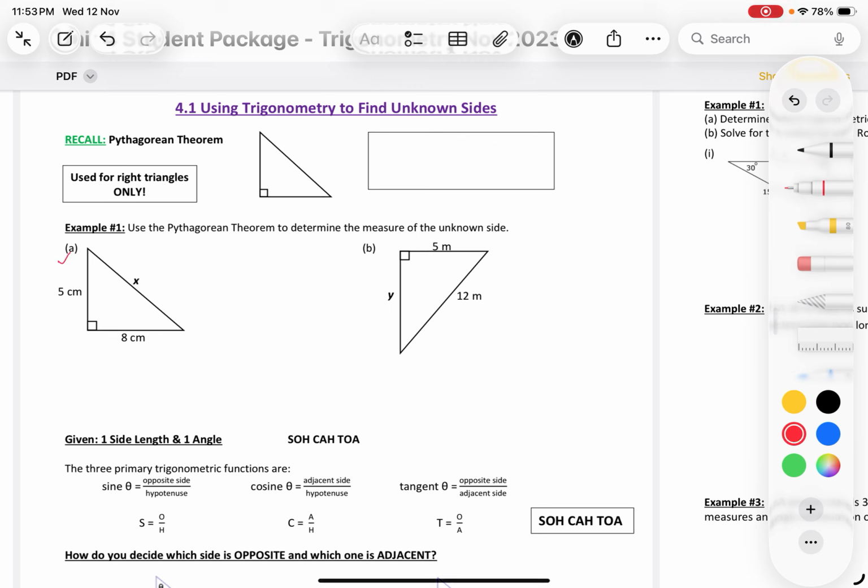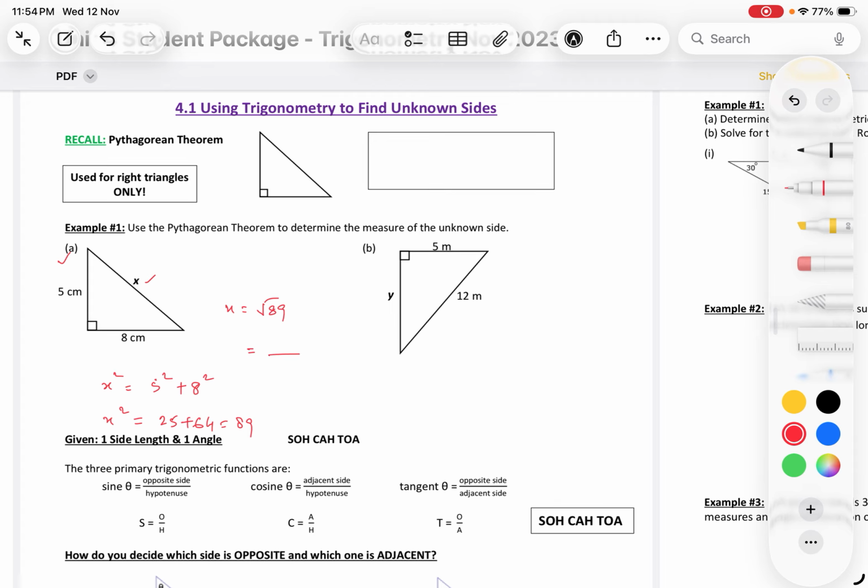In the first one, we observe that hypotenuse is given as x. We need to find its value. So x square is equal to 5 square plus 8 square. So x square is equal to 25 plus 64. That gives you 89. Therefore, x is root 89. You can find it using your calculator.